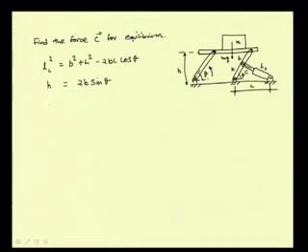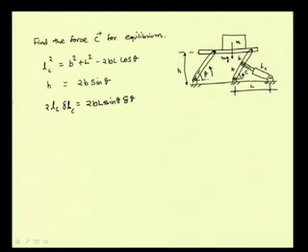Let us now define the virtual displacement by differentiating these two equations. From the first equation, we have 2 L_c delta L_c is equal to 2 b L sin theta delta theta, because these two things are constant, that is b squared and L squared. So, from the differentiation of the first equation we have the expression for the virtual displacement delta L_c.